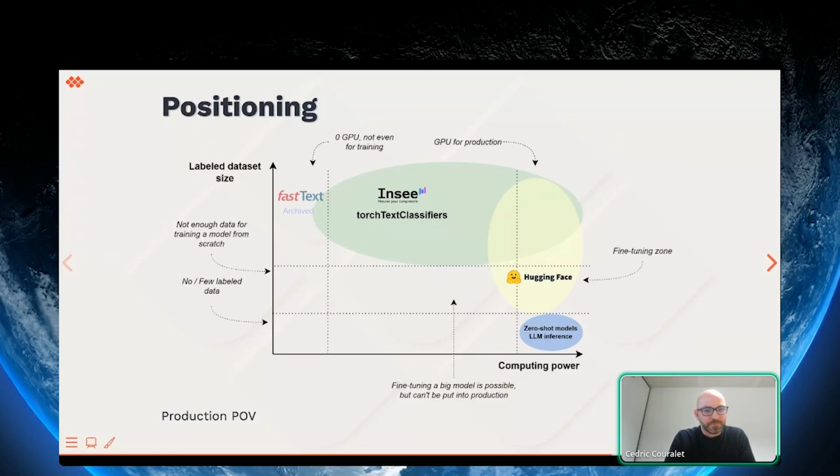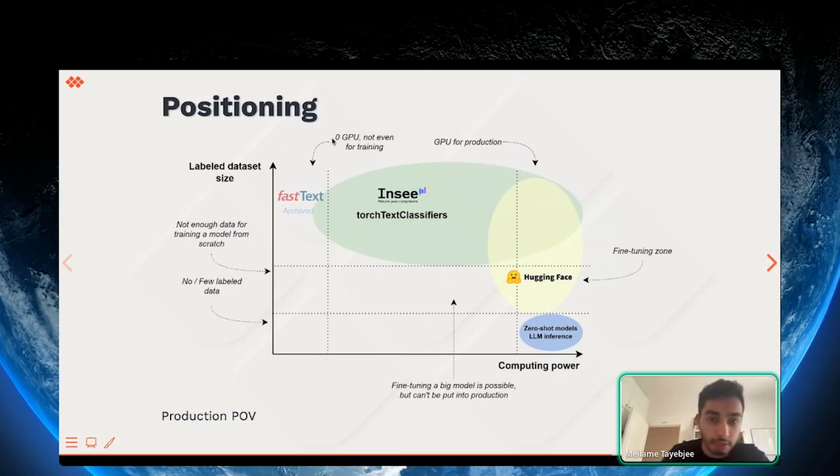Absolutely. And so just to summarize a bit, who is the target for this kind of package? Basically, you can split your use cases along two axes. The first one is the computing power.